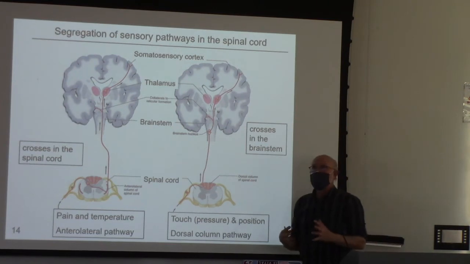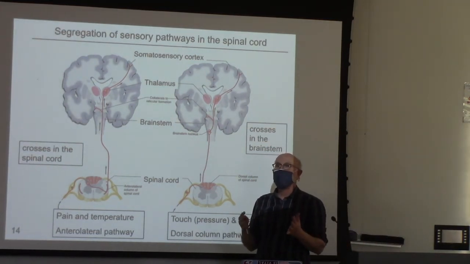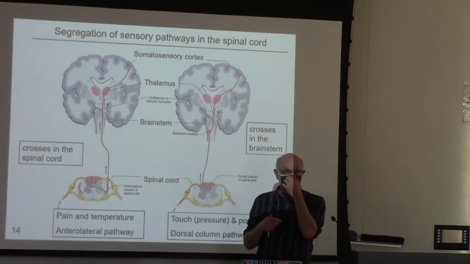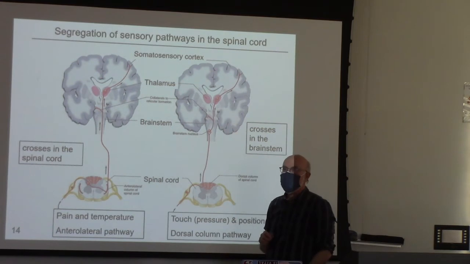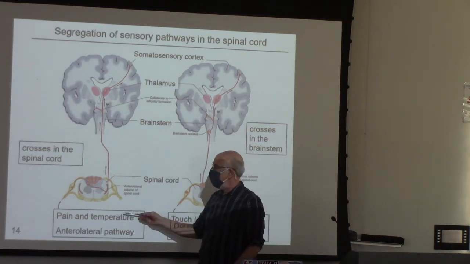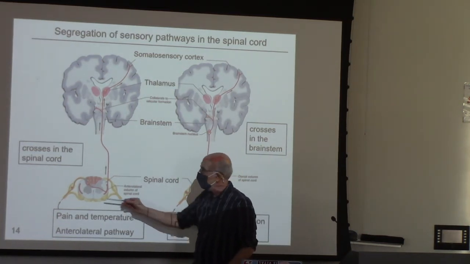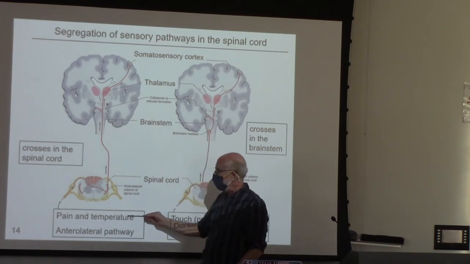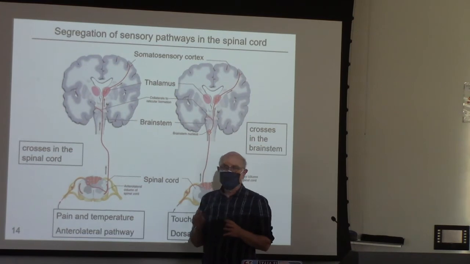Now we have to transition from reception to the pathway to the brain. And this is information that I want you to know. So let's talk about the information from the free nerve endings, the cells of the somatosensory system that end in free nerve endings.